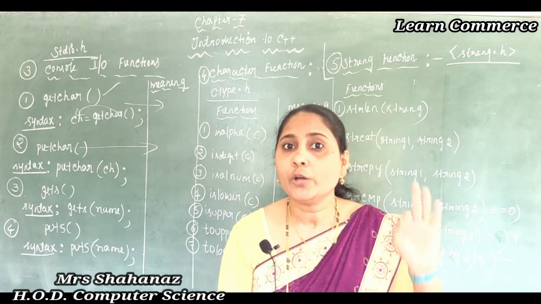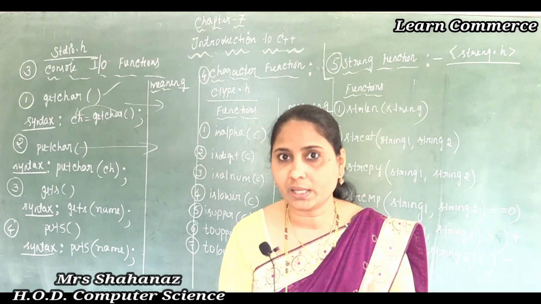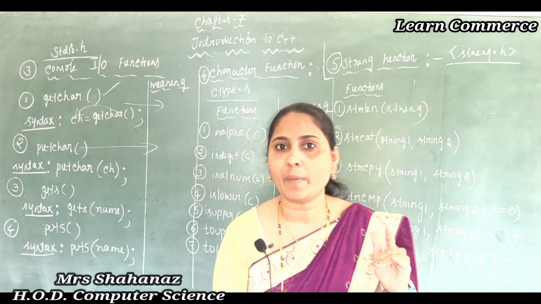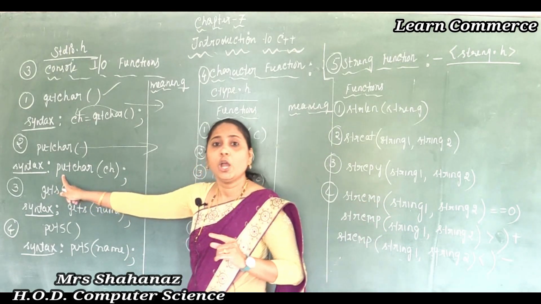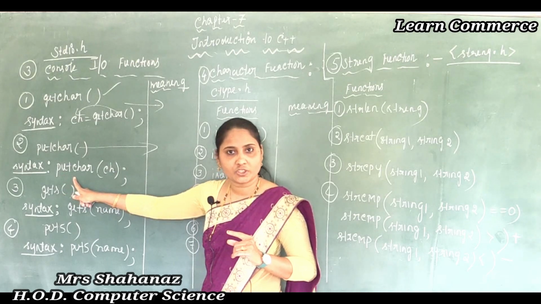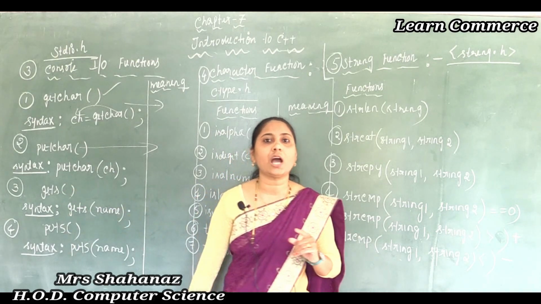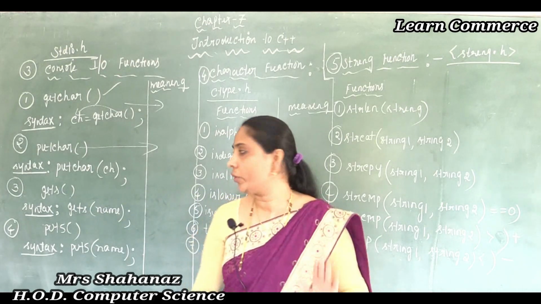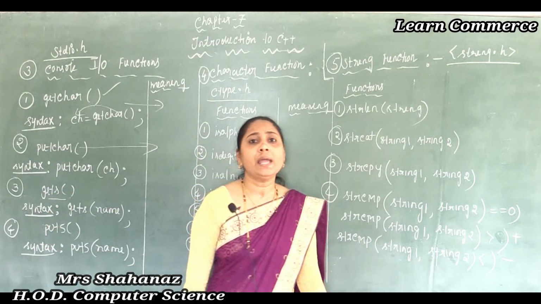The character we accepted through the keyboard, a function is used to display that character. The name of the function is the putchar function, which displays the single character on the standard output device. Now the next one, the third function, is the gets function.